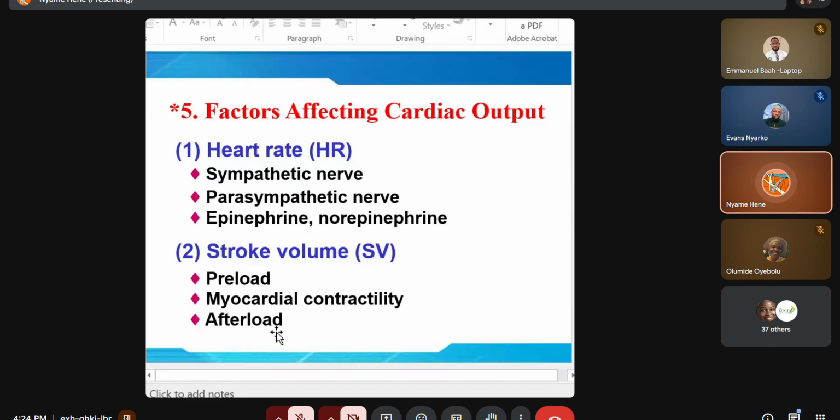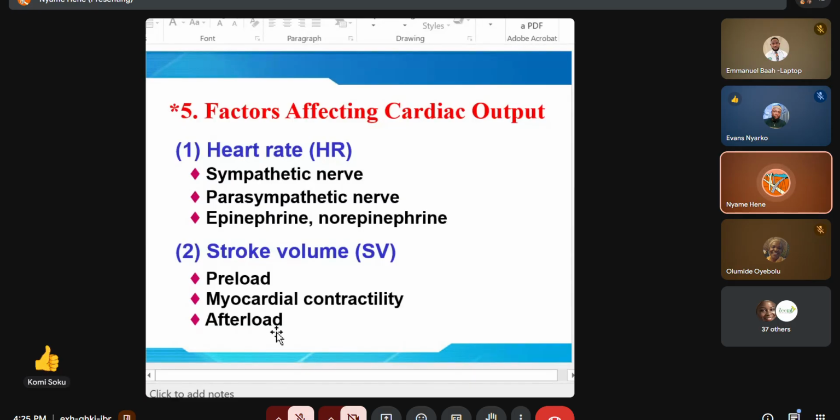So if you contract, it is also going to affect the stroke volume, because the bottle is not full. Your hand is in the middle and you are contracting, so you're going to get a lesser stroke volume. That is how the preload, the myocardial contractility, and the afterload are affecting stroke volume.